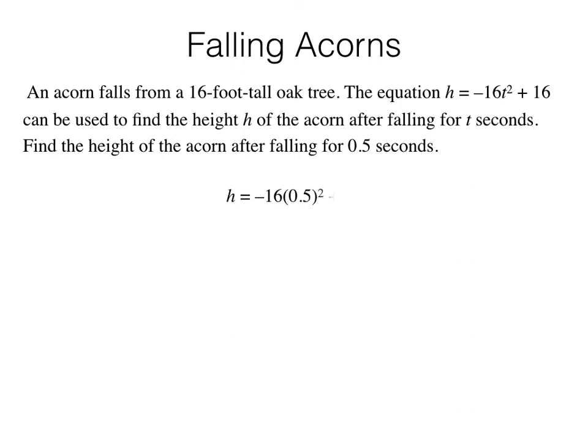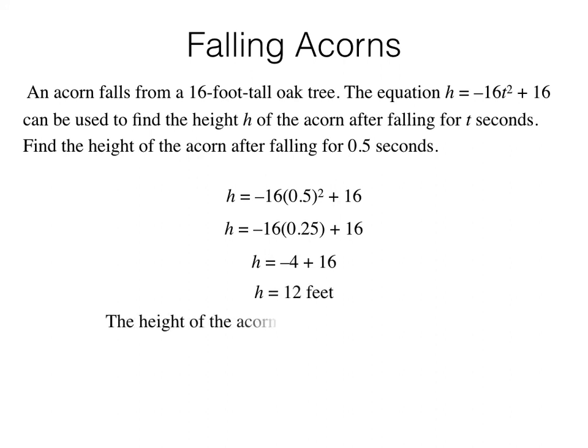Here is the equation that was given. We can substitute 0.5 in place of t. Now we'll do the math, and we get 12, so we know the height of the acorn after half a second is 12 feet.